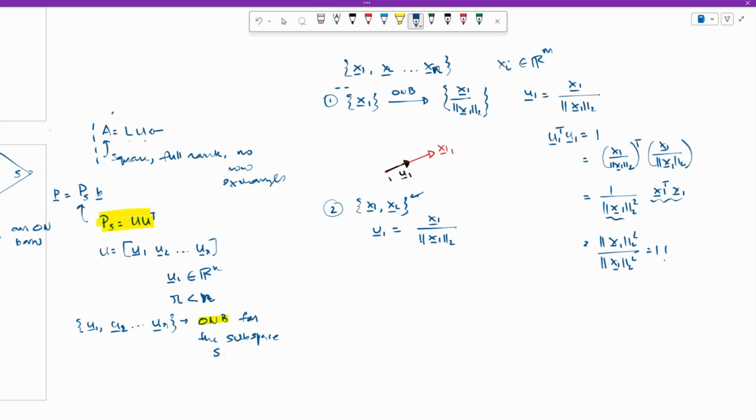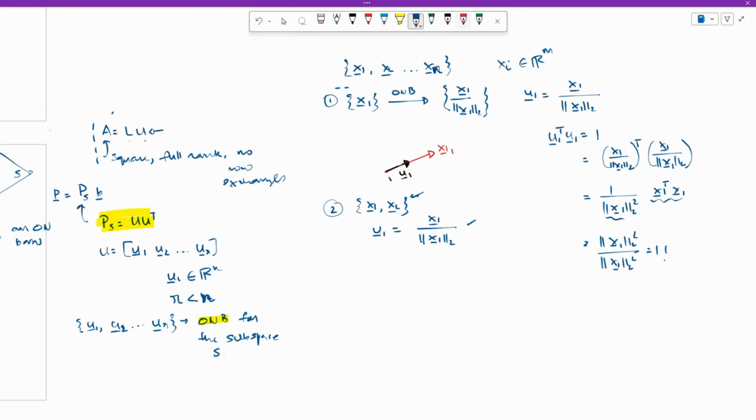If it's linearly independent, none of the vectors will have zero length. The only vector that can have zero length is a zero vector. There can be no zero vector. So we are guaranteed that the denominator will not be zero, at least the length of the individual vectors will not be zero. So this step is all right. So we've got our first orthonormal basis vector.